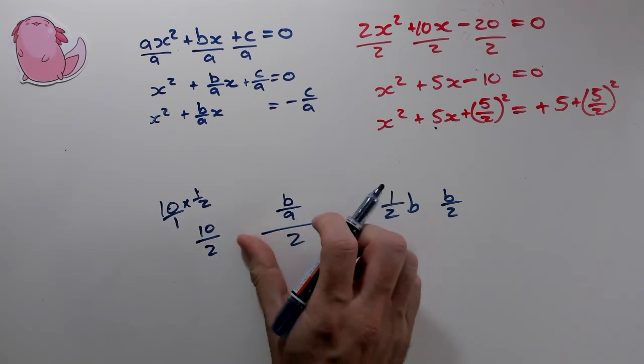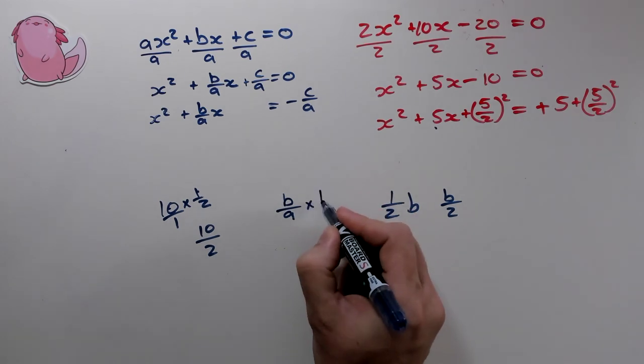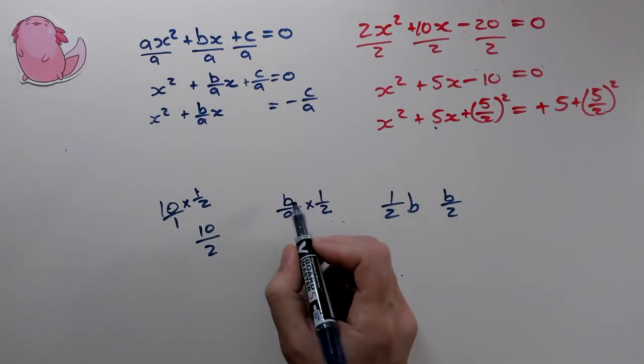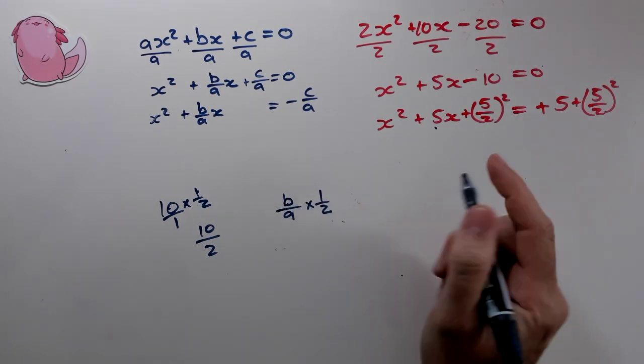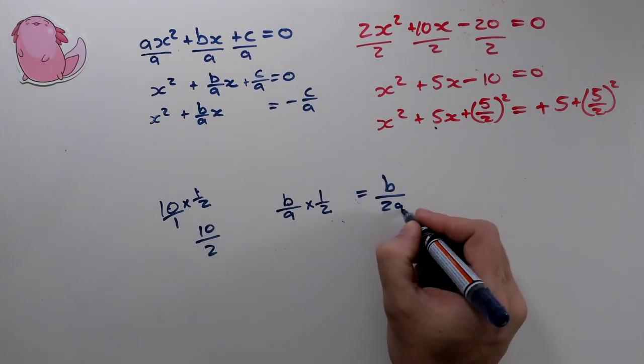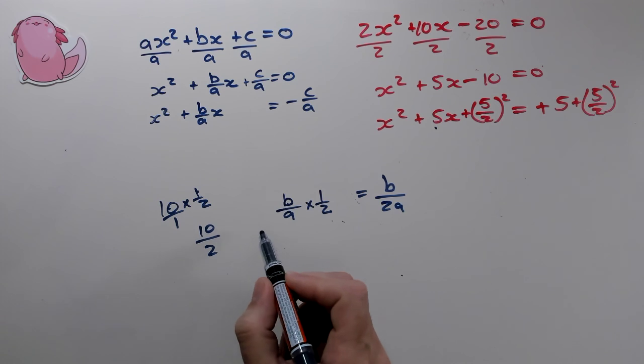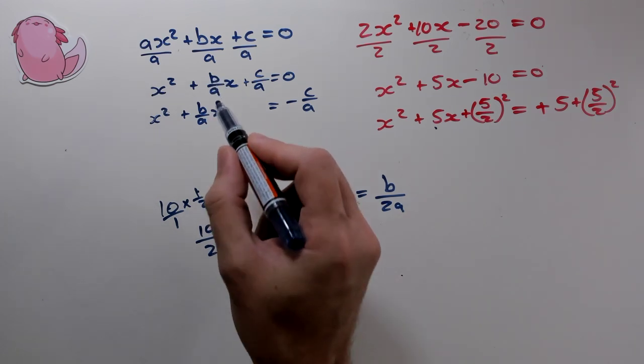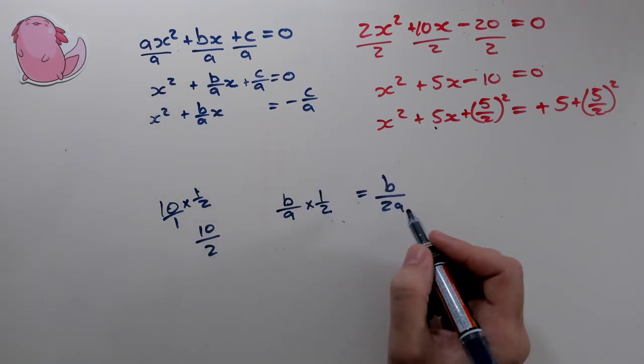So dividing by 2 and multiplying by a half is the same thing. So b times 1 is going to be b, and a times 2 is just going to be 2a. So instead of writing this weird thing, b over a over 2, I'm just making a 2 underneath.